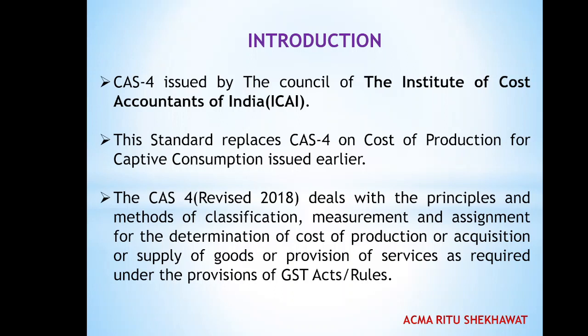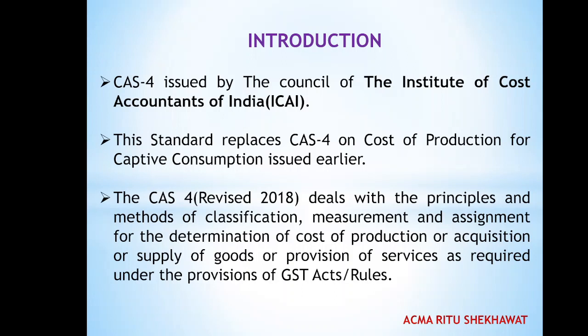GST is a tax on supply of goods, which includes goods that are captively consumed. If goods move from one factory to another, or one location to another, or from a registered dealer to another registered dealer, then GST will be applicable. Now here the rule has been changed.